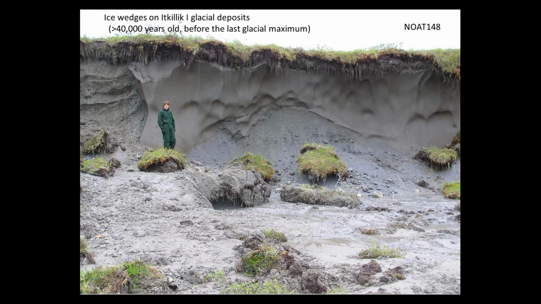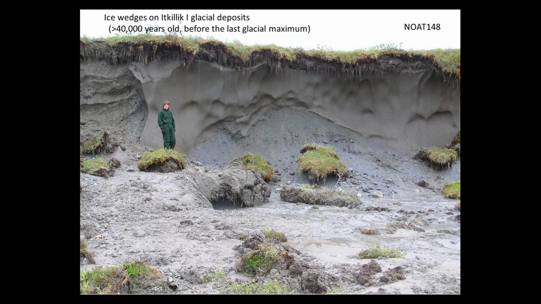We also have big ice wedges exposed in some of our thaw slumps, and these are on the older glacial deposits. These Achillic 1 glacial deposits, which are older than 40,000 years, were named and mapped by Tom Hamilton, formerly of the USGS, and he identified them as being since the last interglacial. In other words, younger than the last interglacial, but prior to radiocarbon dating age.